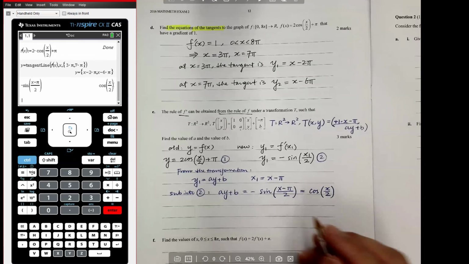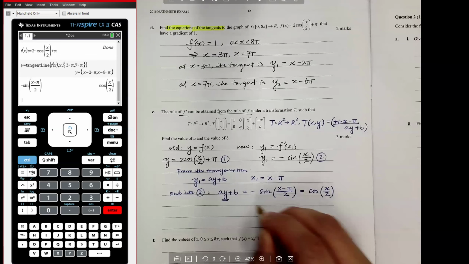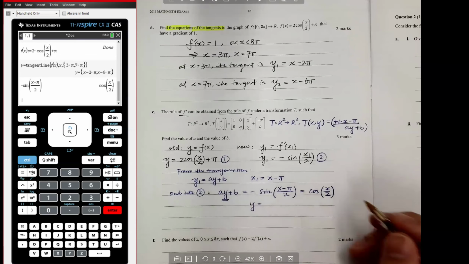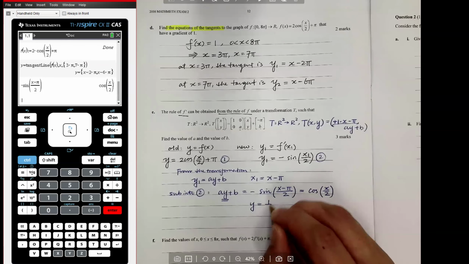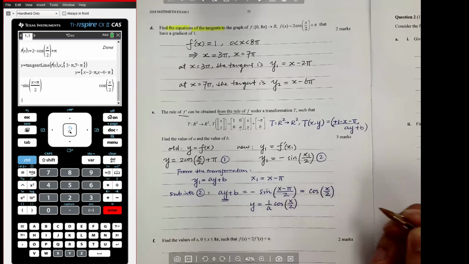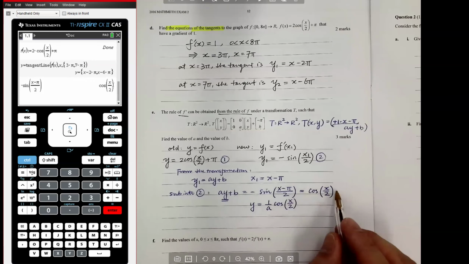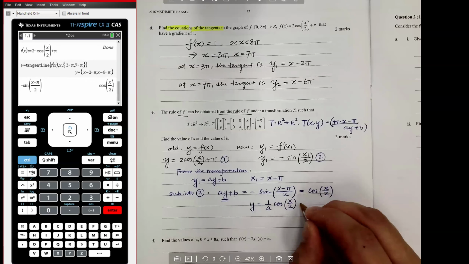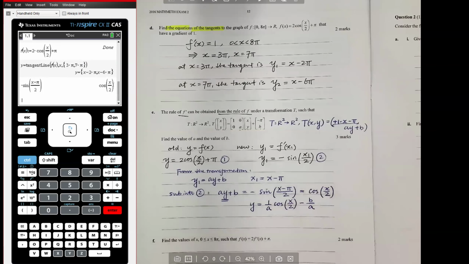The next thing is you can rearrange this equation now, because now you can say y equals 1 over a cosine of x. And then, if you subtract b from both sides and divide by a, you say, okay, this is like a minus b over a, right?